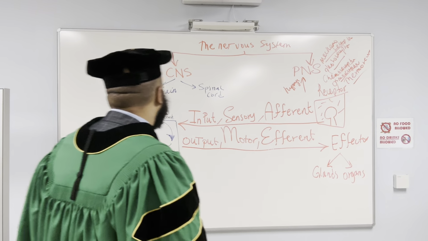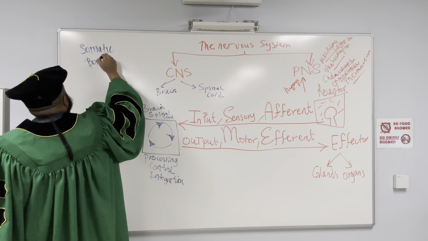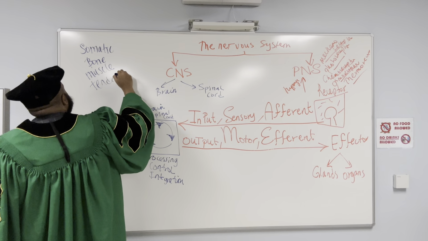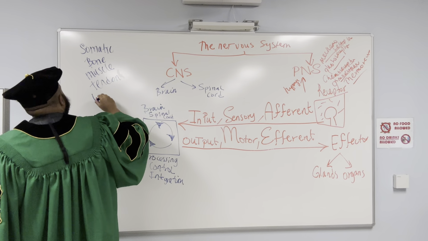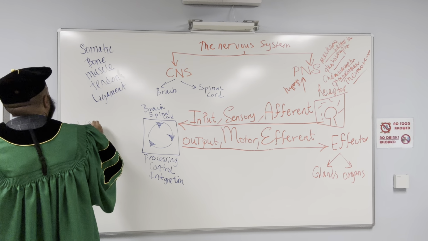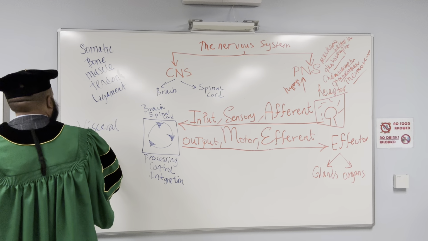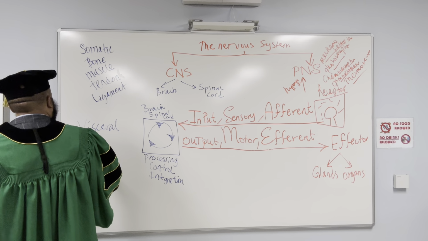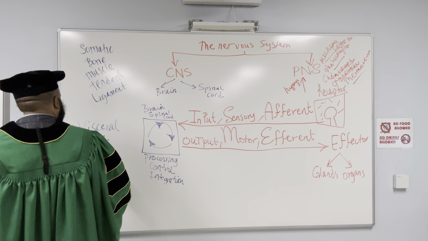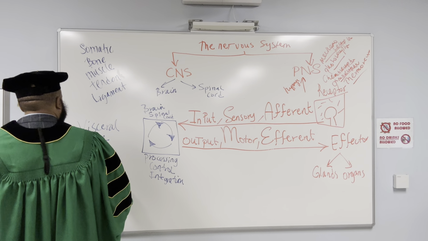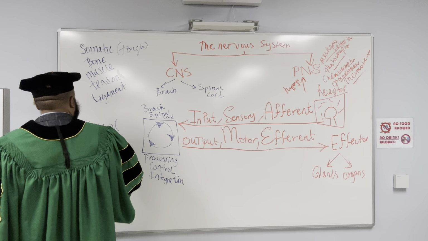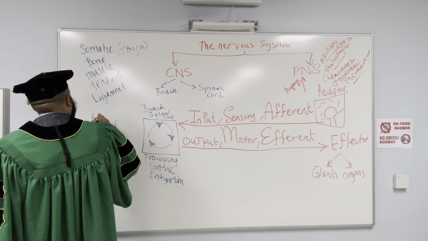Somatic is bone, muscle, tendon, ligament, and visceral is heart, lung, brain, bladder, intestine. So somatic is tough tissue and visceral is soft tissue.